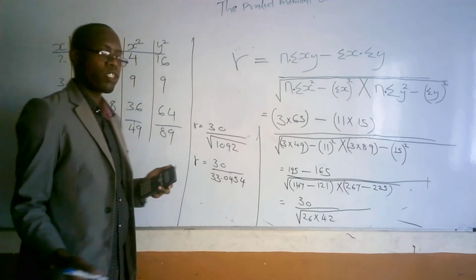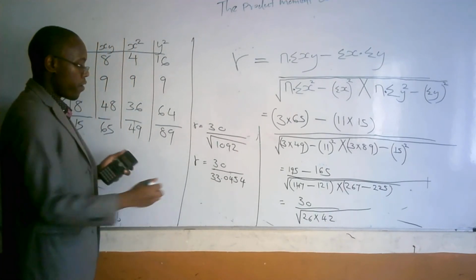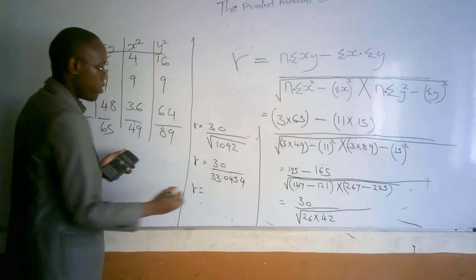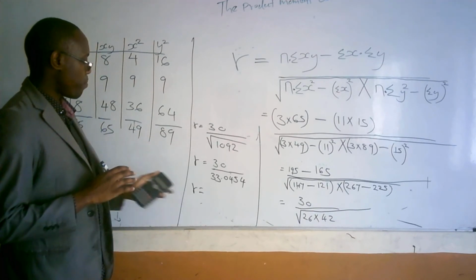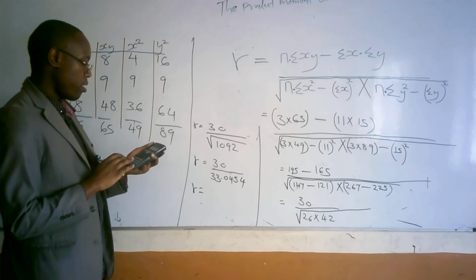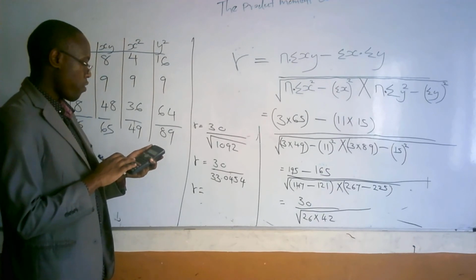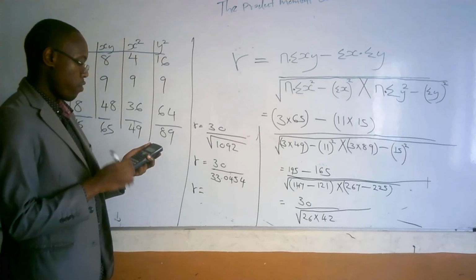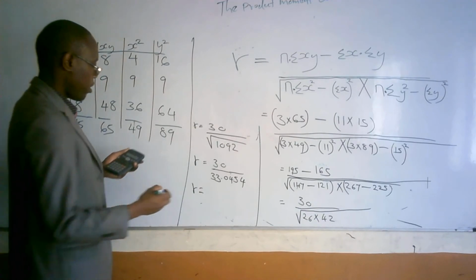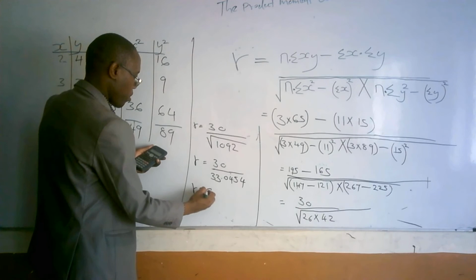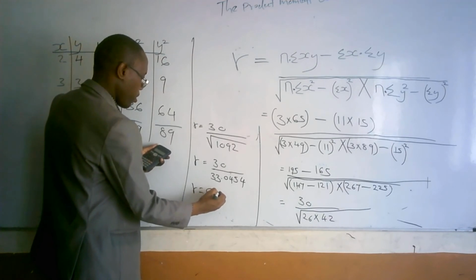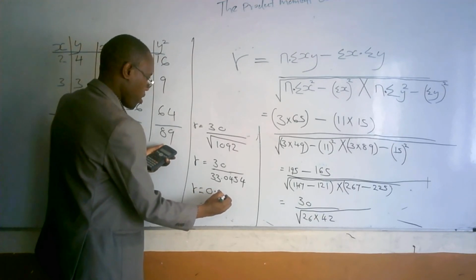It's always advisable. So our R then is going to be 30 divided by this 33.0454. And then your R, which is that Karl Pearson, is now going to be 0.9078.